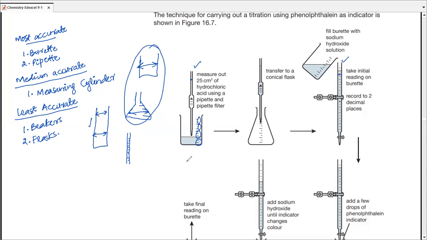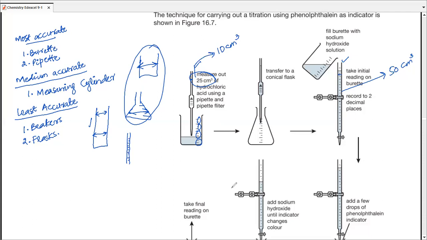But as accurate as they are, they can hold very small amounts of liquids or solutions. You'd notice the capacity is this. For burettes, the usual capacity you're going to use in lab is this. You're also going to get pipettes, and their usual capacity would be just this. This is very small. Flasks, beakers, and measuring cylinders work with bigger volumes, which is why they are less accurate.